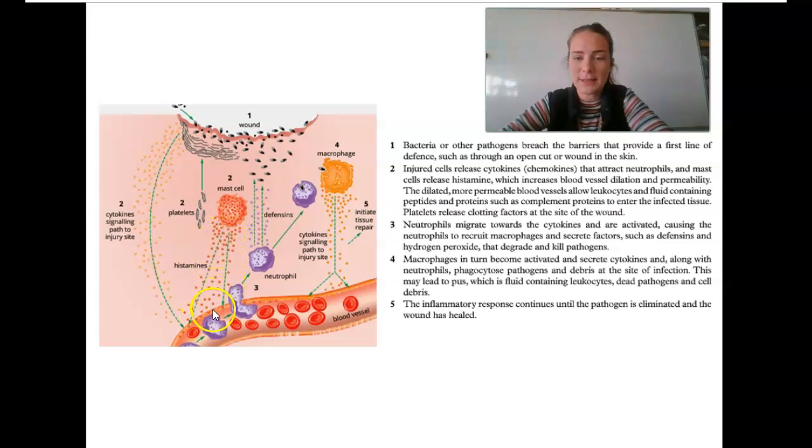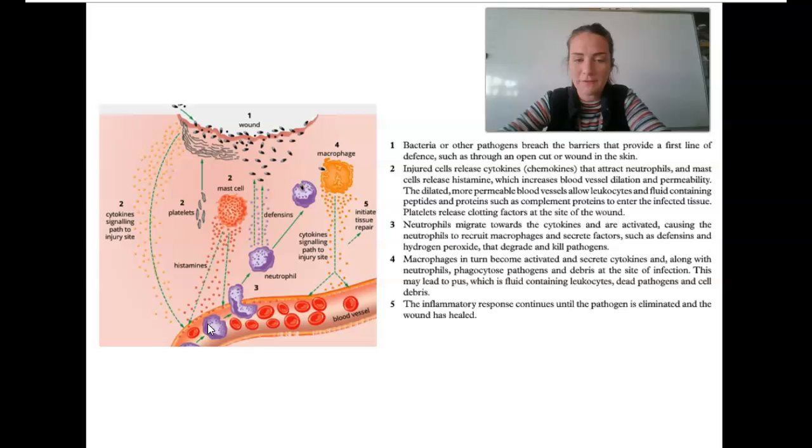There are probably three biggest roles of histamine that you can file away. In general, it triggers the inflammatory response, but what that actually means is increased blood flow. So lots more blood is coming to the area. It increases vasodilation, which means that there's a lot more potential for cells to move in and out of those blood vessels.